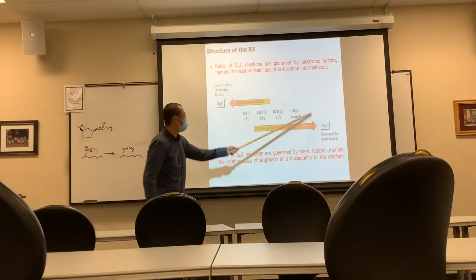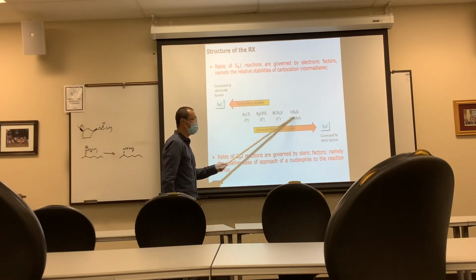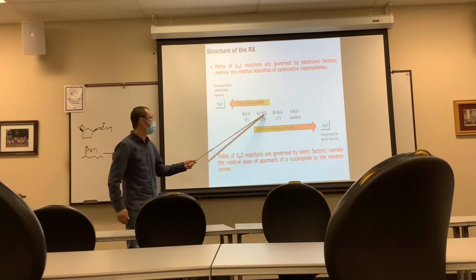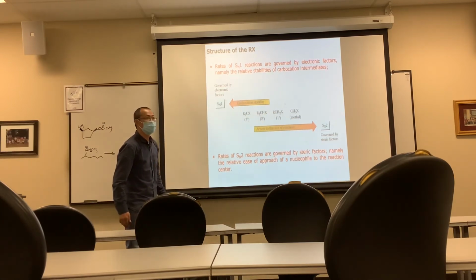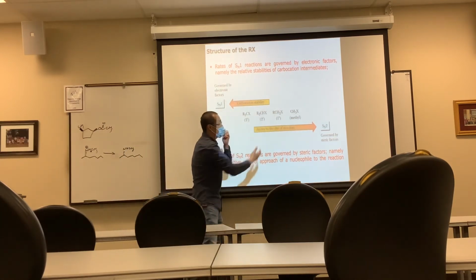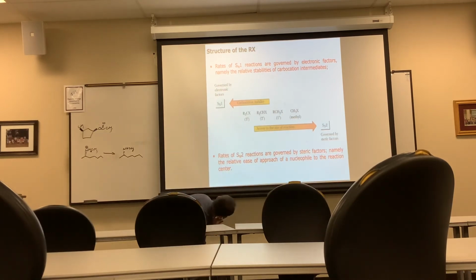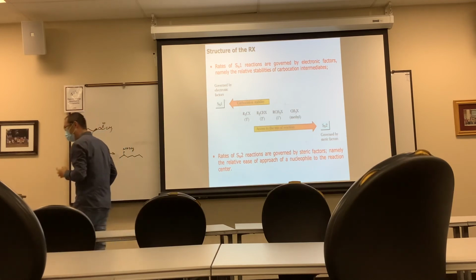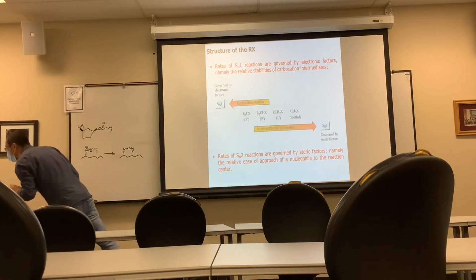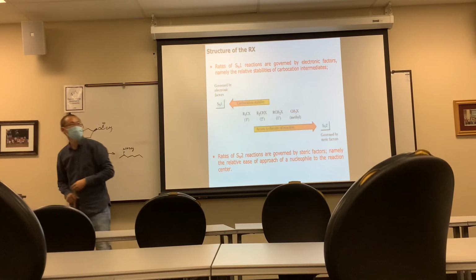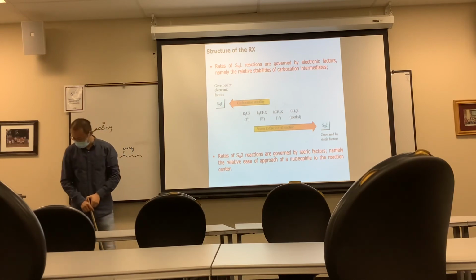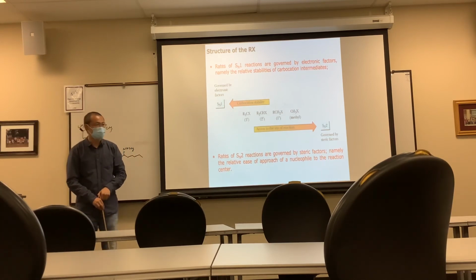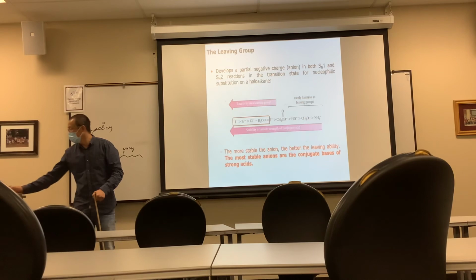SN2 prefers primary, followed by secondary, never on tertiary. You can see the arrow even stuck here. There's a reason for that. So that's the structure of RX. I'll move on more, then we'll stop and continue next time. I'll give you some key for the quiz if you want.